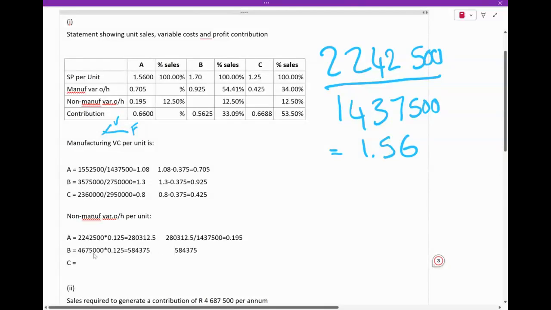And how many units did we produce with B? 2,750,000.